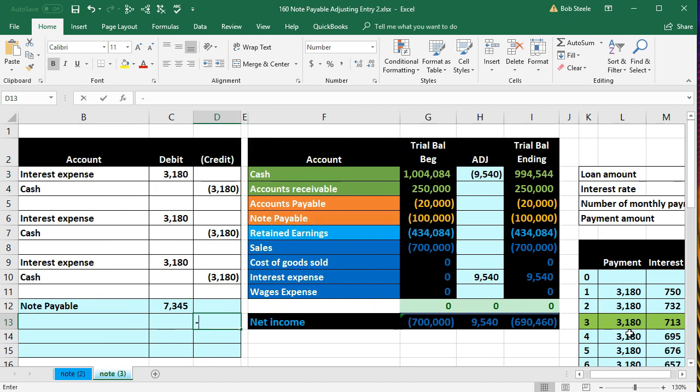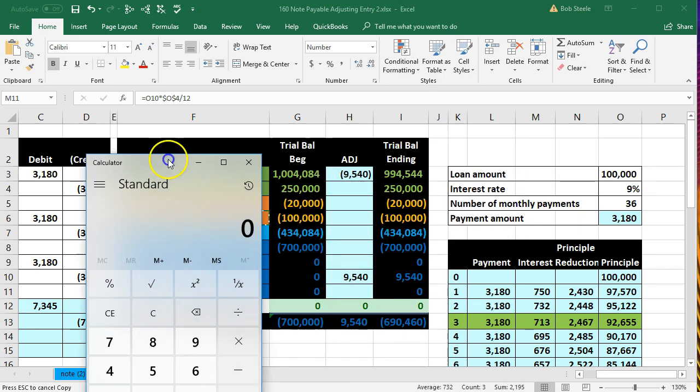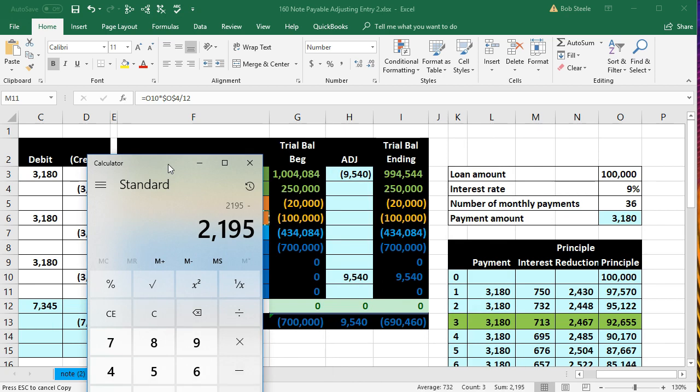Then we're going to credit the same amount, which is also the amount that we need the interest to go down by. In other words, the interest should be this 750 plus the 732 plus the 713, or 2,195. Minus the 9,540 that's there, it should go down by 7,345.